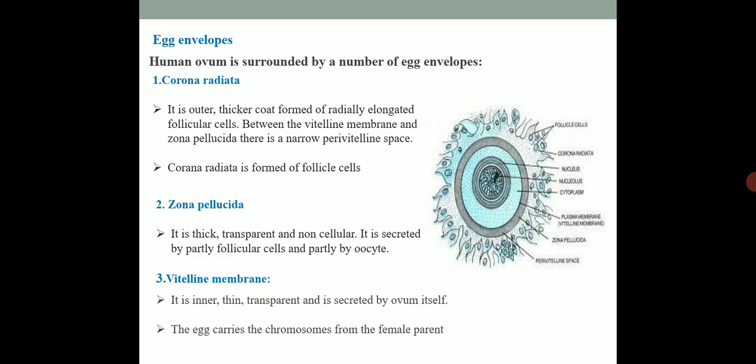That is the innermost layer, which is transparent and secreted by the ovum itself. The egg carries the chromosomes from the female parent. So this is about the egg envelopes and also the structure of the mammalian ovum. Thank you.